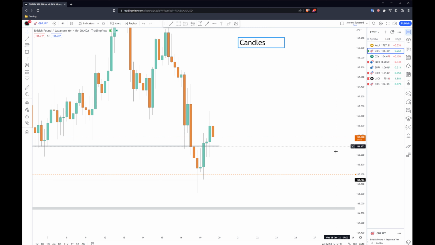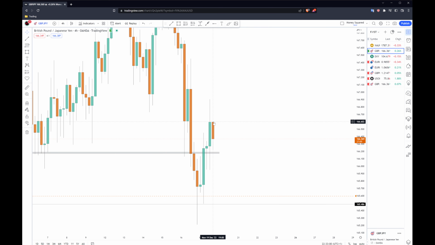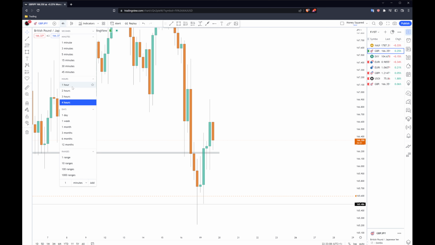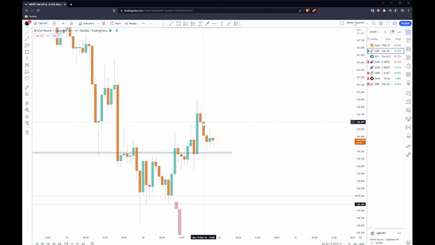For example, this is a 4-hour candle which opened, as you can see down at the bottom, at 7 p.m. in my time, and you can see that at 7 p.m. price started here. So that 4-hour candle consists of these 4 1-hour candles.